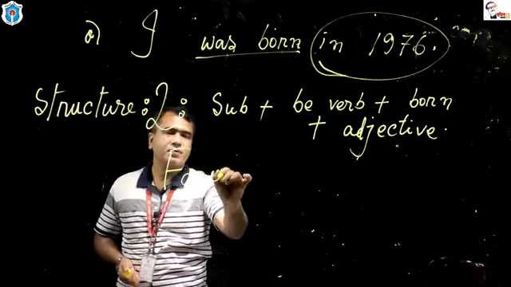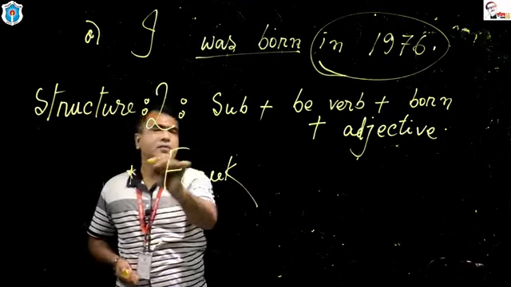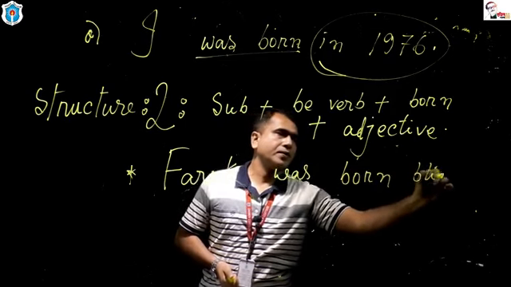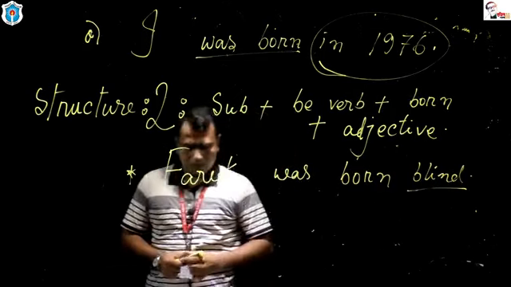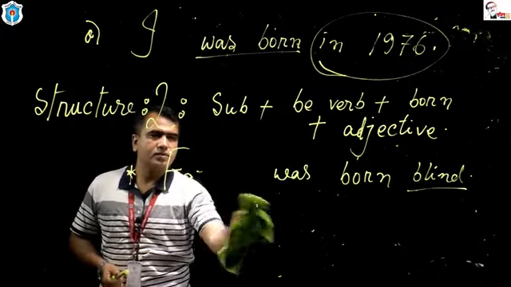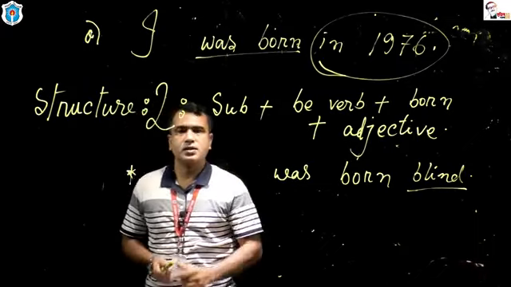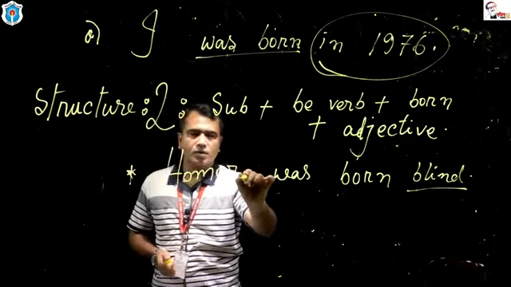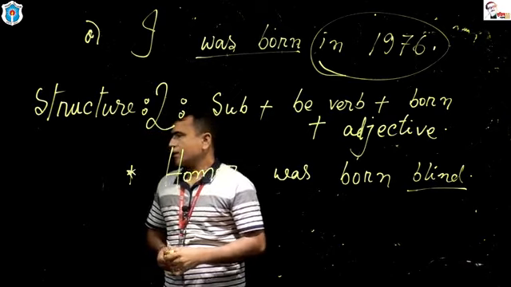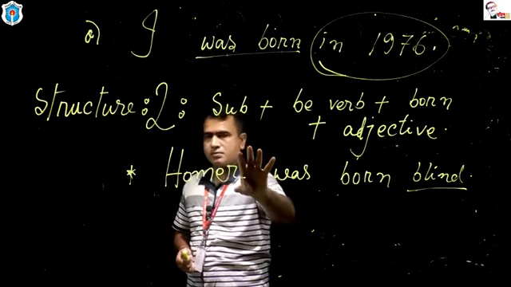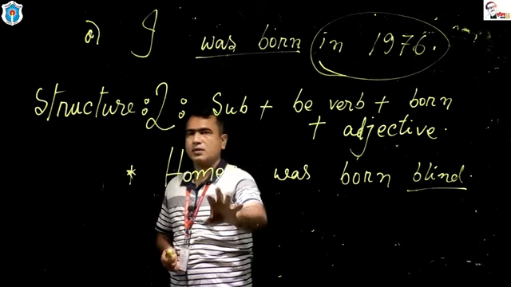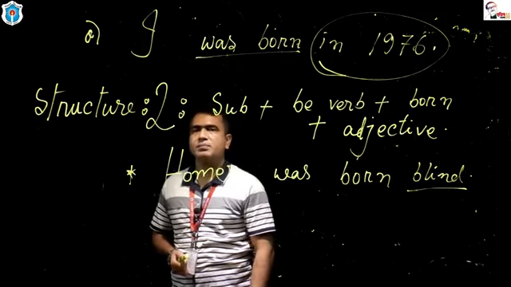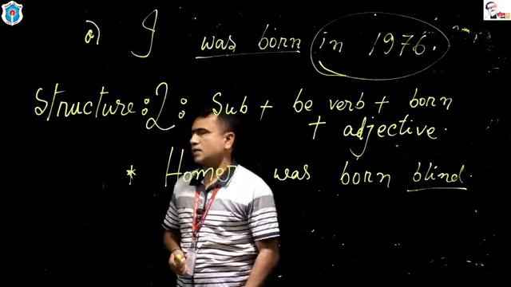Farooq was born blind. Okay, we should not use Farooq. We can use another name who was actually born blind. Homer, a great epic poet of ancient Greece, who has written two great epics, namely Iliad and Odyssey.